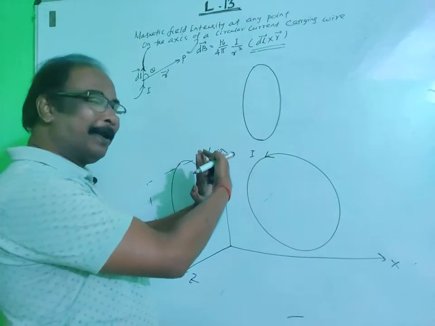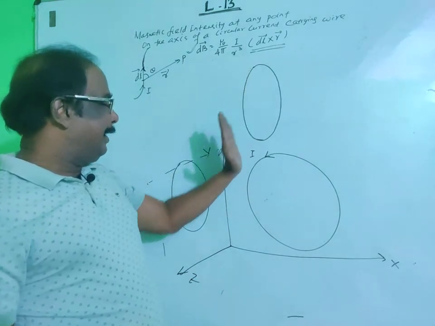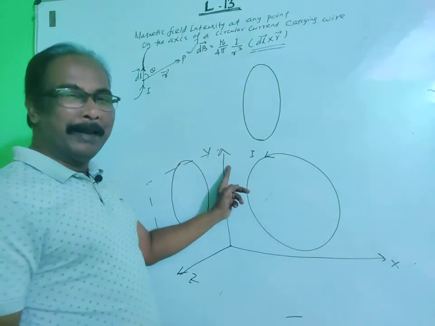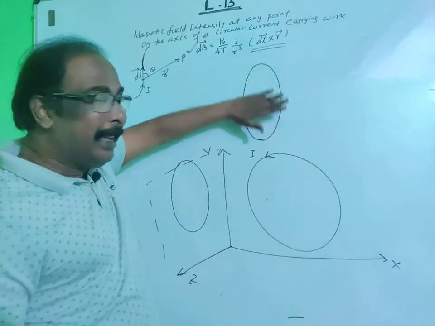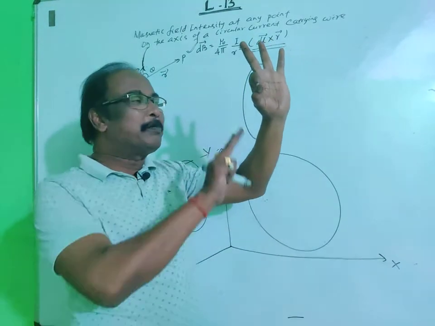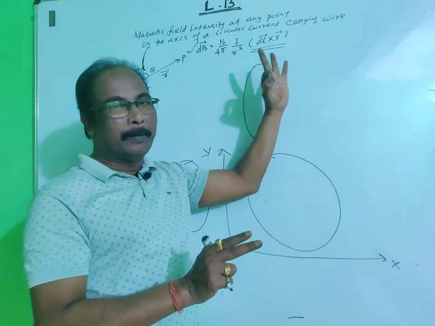This circle is taken on the YZ plane, meaning the plane of the circle in this case is perpendicular to the XY plane. So here I have taken the circle like this, meaning the plane of the circle is perpendicular to the plane of this white board.